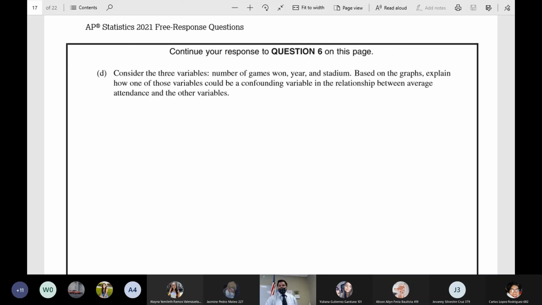Hence, confounding. Right. So these are the two most recent examples within AP exams that I could find on how scatter plots, correlation, the stuff from chapter 3 shows up.